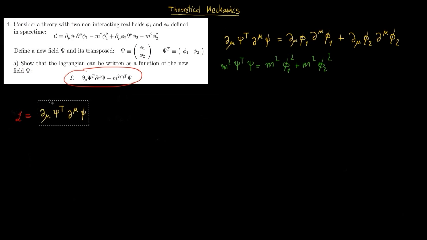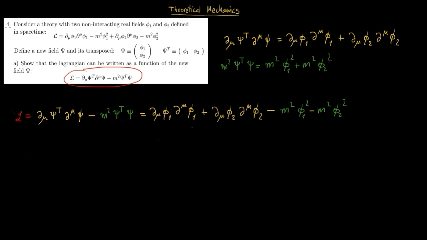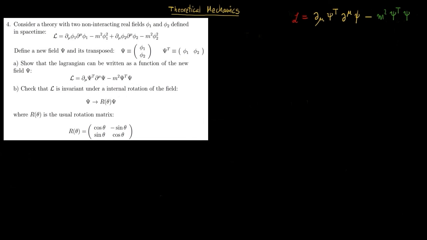So, subtracting these two terms, we can recover the original Lagrangian. Okay, now check that the Lagrangian is invariant under this internal rotation. One has to be careful because it's a finite rotation, that is, the angle is finite.